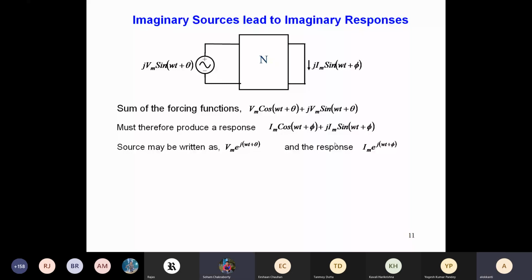Sir, why do we use j instead of i in electrical engineering? i represents current. Yeah, that is also correct, i represents current. Interesting question, but that can be one answer. j is nothing but root over of minus 1.